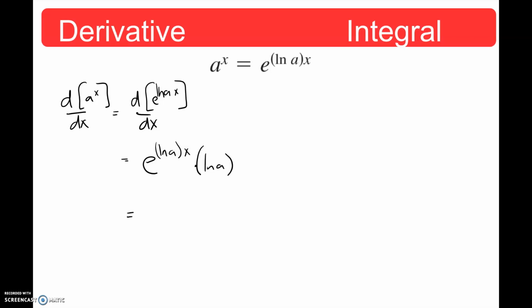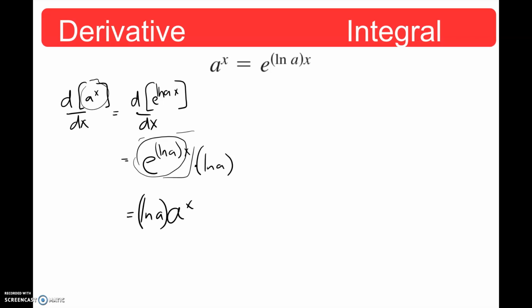Okay, so the derivative of a to the x, which is the same as the derivative of e to the ln a times x, is equal to e to the ln a times x times the natural log of a constant. Right? And now we can go back and substitute that with a, or the whole thing as a to the x. And typically you'll see this written out front.